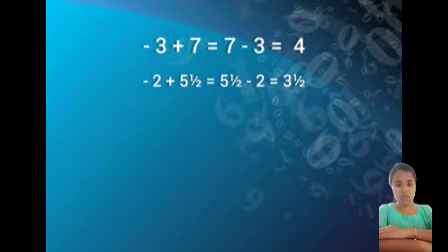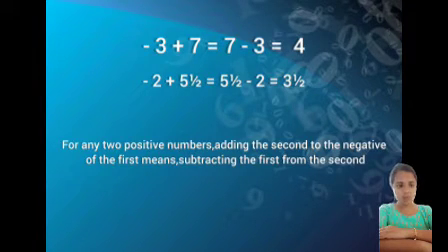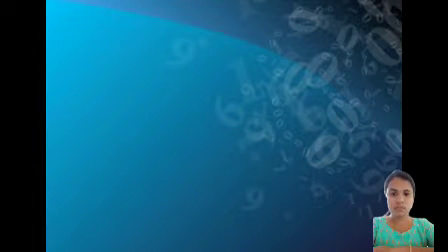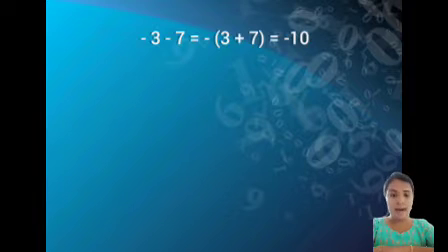The general principle of these is for any two positive numbers, adding the second to the negative of the first means subtracting the first from the second. Moreover, we have done computations such as minus 3 minus 7 is equal to minus of 3 plus 7 is equal to minus 10.